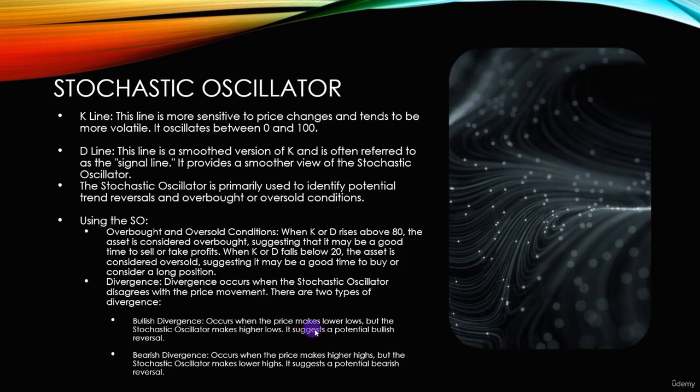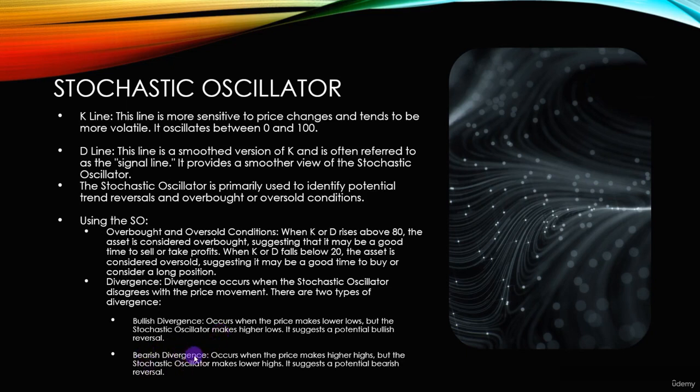So the price is going down, but at the same time, the stochastic oscillator makes higher lows. So the lows of the stochastic oscillator are going up. This suggests a potential bullish reversal because the movement of the price going down is slowing down. It's not as fast or as important anymore. And this is reflected in the stochastic oscillator behavior.